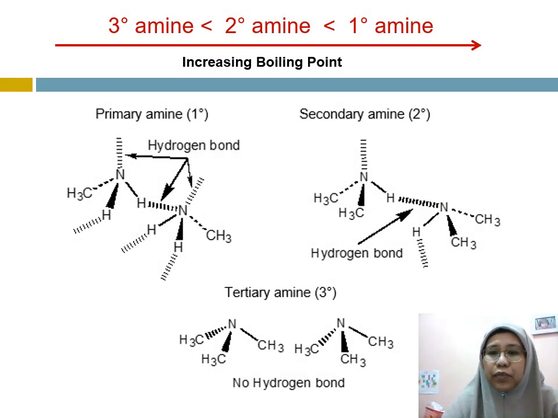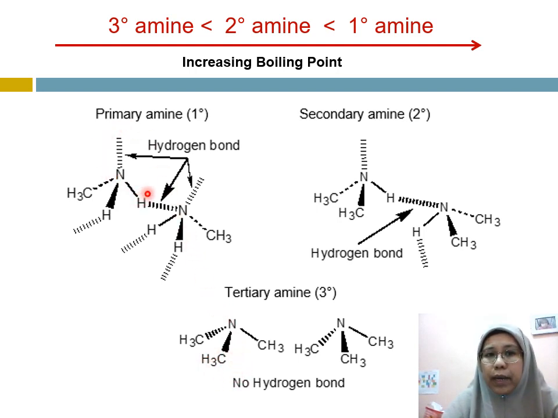Now, among the classifications of amines, the boiling point would differ because tertiary amine would have no hydrogen bonding because it doesn't have hydrogen attached to its nitrogen. In order to have hydrogen bonding, the nitrogen must have a free hydrogen attached to it, a free proton.